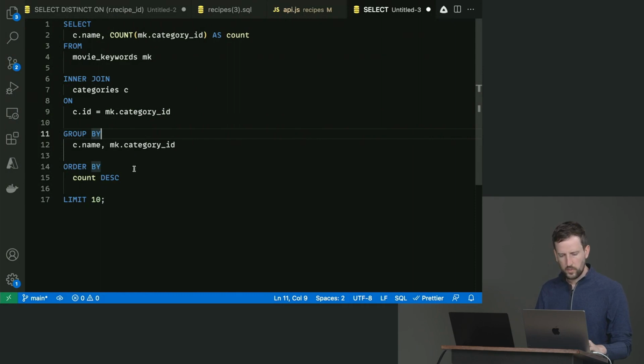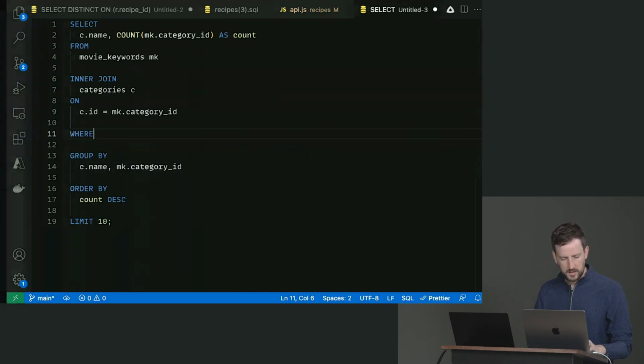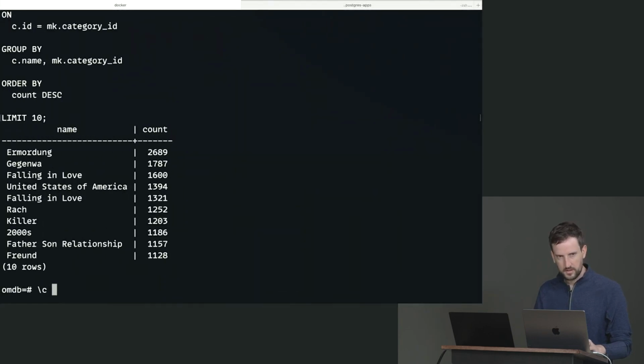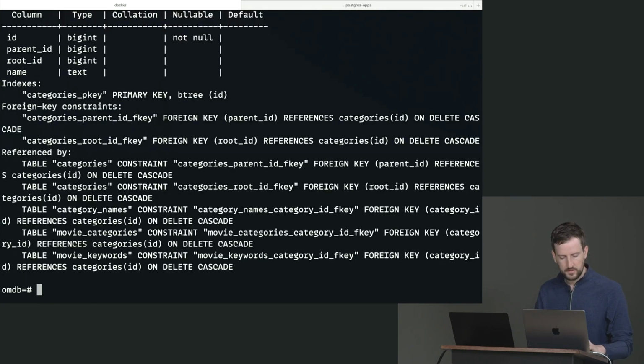So you could put like a where in here. I think this would go here, where, and I gotta remember, categories has a relationship. Oh, not, sorry, not D. Categories. Name, root ID, parent ID.